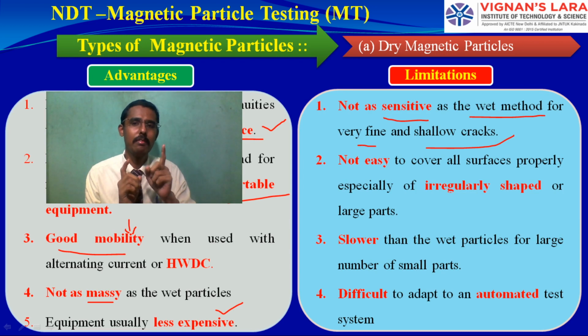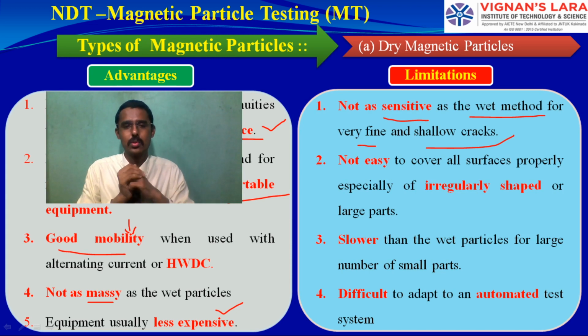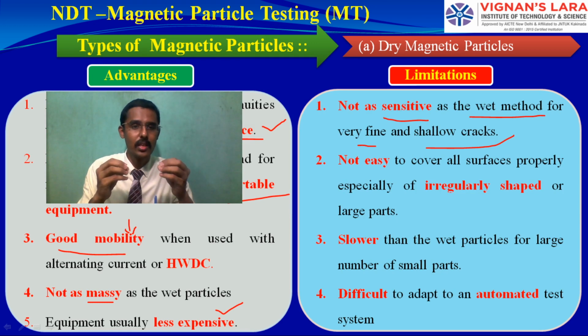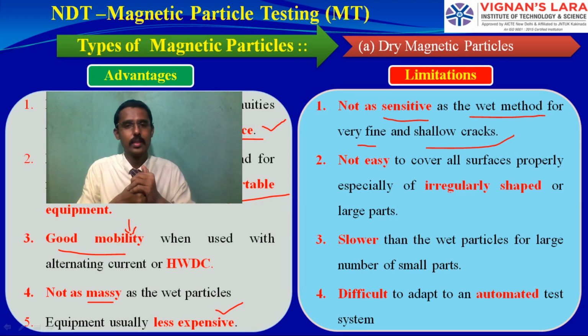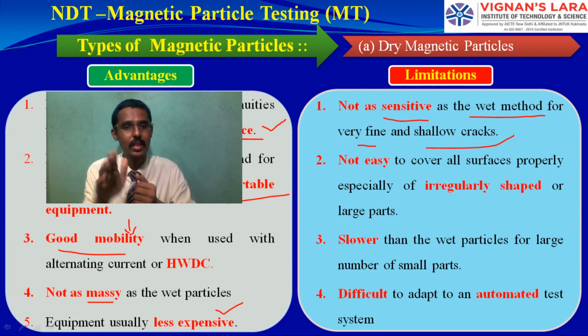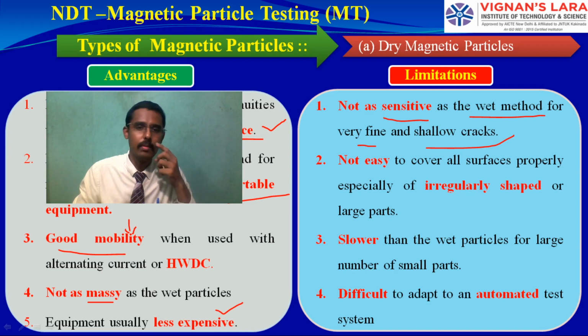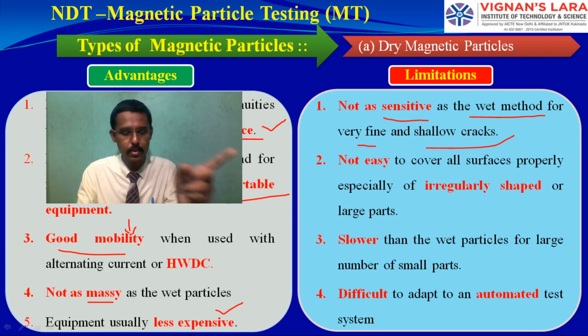But wet particles have fluidity and can flow smoothly over other zones, and therefore can spread equally and find all the defects, even very fine ones and very shallow cracks. Therefore dry particles have less sensitivity compared to wet particles. So that becomes the advantage of wet particles.